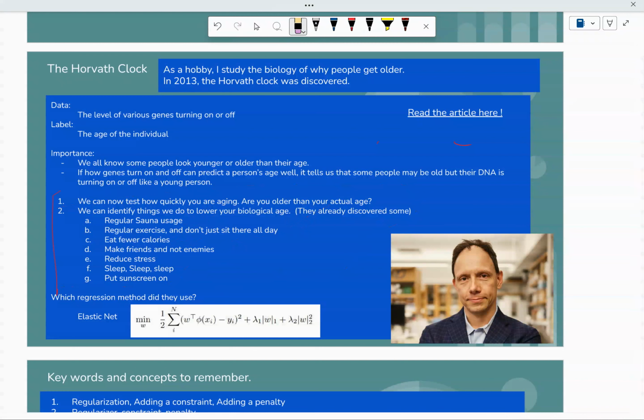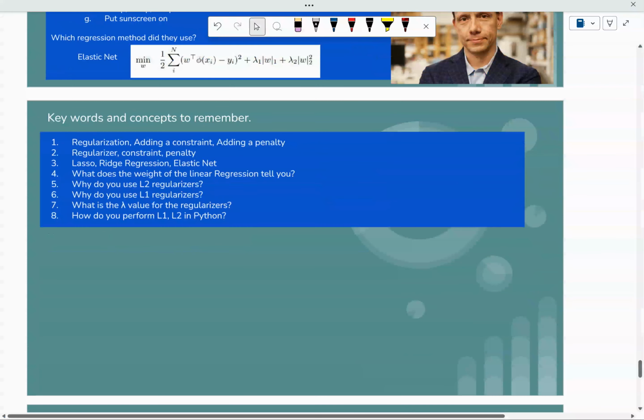For more detail on the article, you can read it here. In the future, I think it'll be really fun for us to reproduce this work. If you're interested in doing research into this article to help me reproduce this work, let me know. All right, so I think this is it.